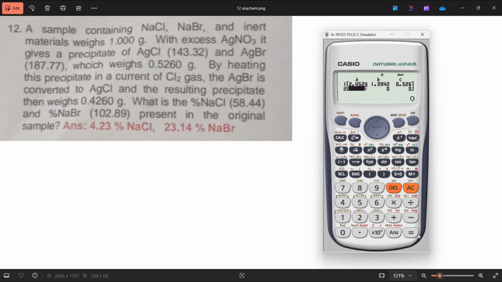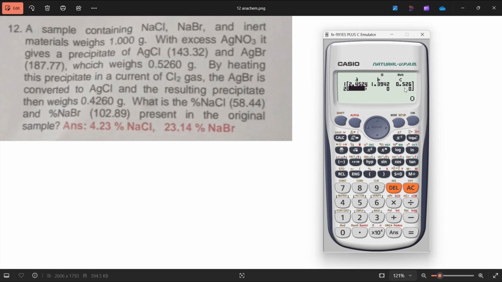For the next part of our equation, we can see here that the AgBr in the first part of the story is converted into AgCl. So what it means is that after the second step, you're only going to have just a silver chloride precipitate, nothing else mixed in, which equates to 0.4260 grams.